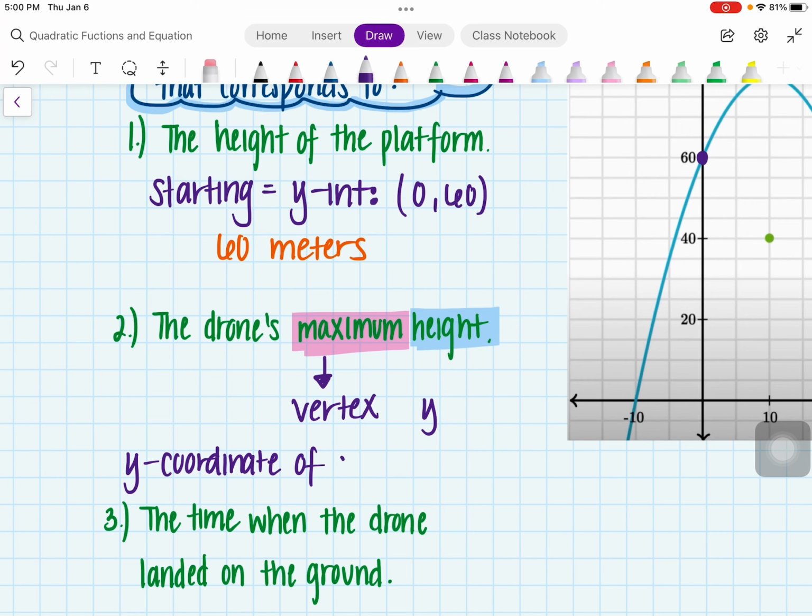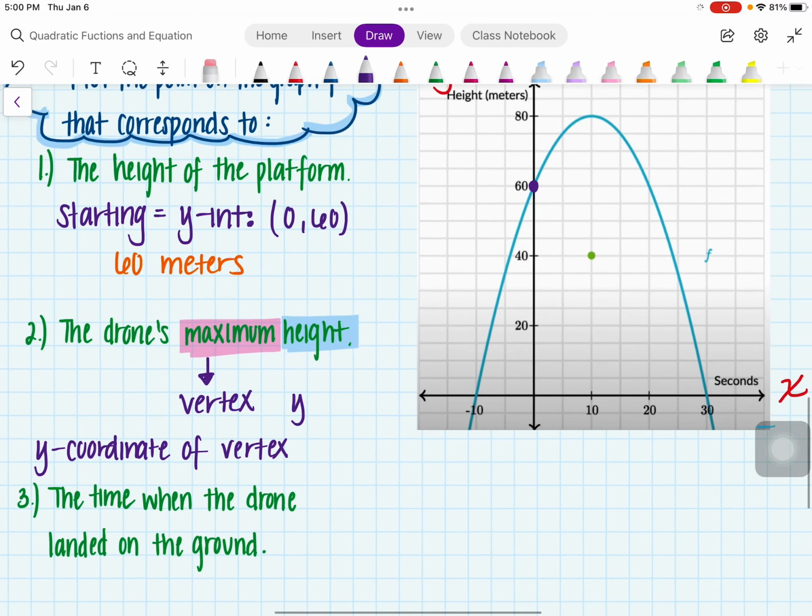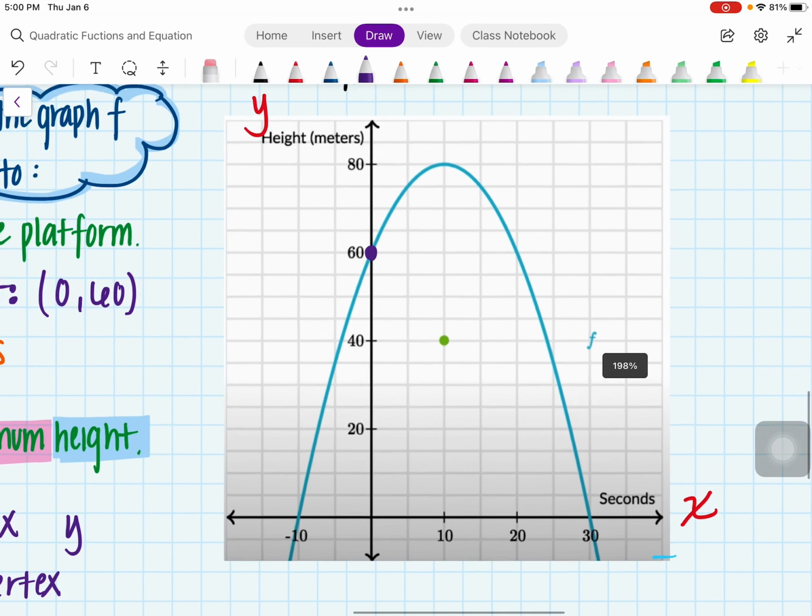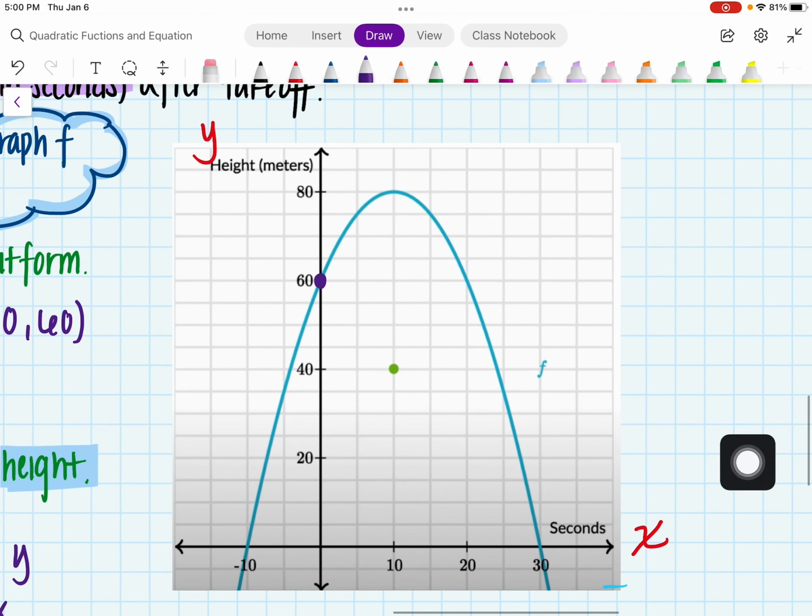Y-coordinate of the vertex. Let's go to the graph and go to the vertex. The vertex is the highest point in our graph, found up here. We're not looking for the entire point, we're just looking for y.